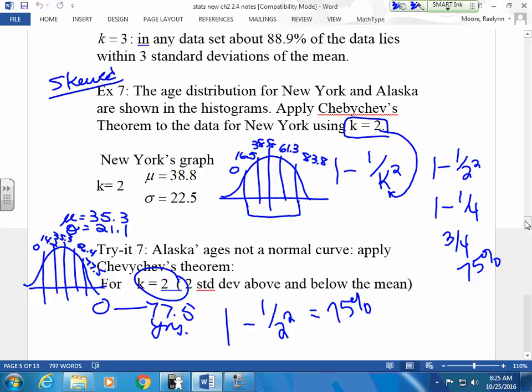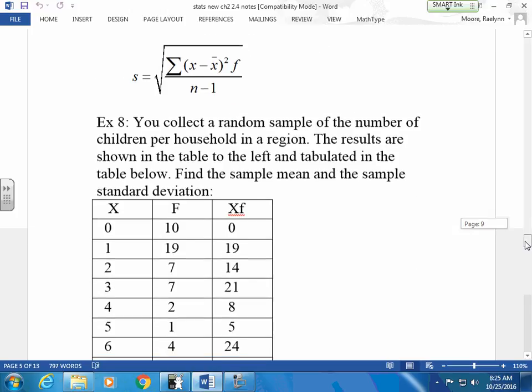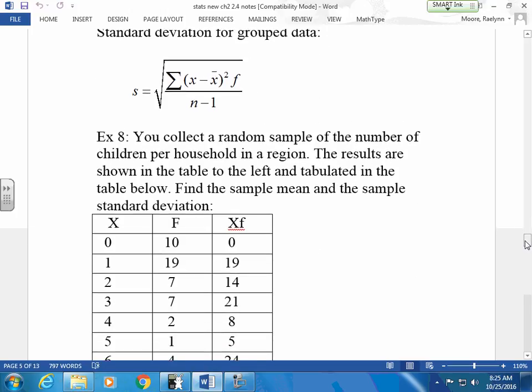The rest of this is pretty much putting it in your calculator. We're going to use your calculator to find your standard deviations. Do we have to worry about figuring out a formula? No, but the difference here is this.